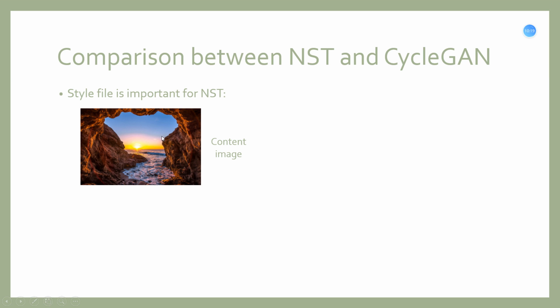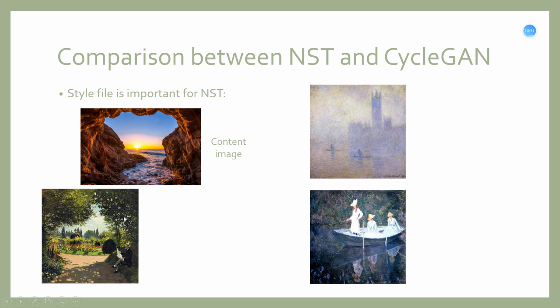Another thing for the methods of AST is that the style file is really important for AST. For example, we have the content image like this, and we have 3 different style files. They are all Monet style.